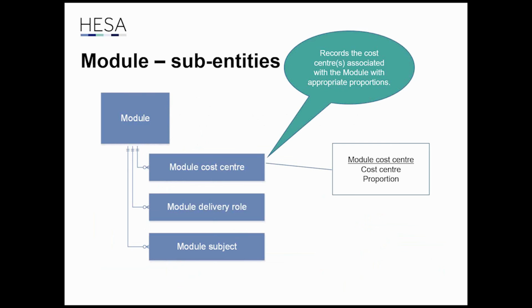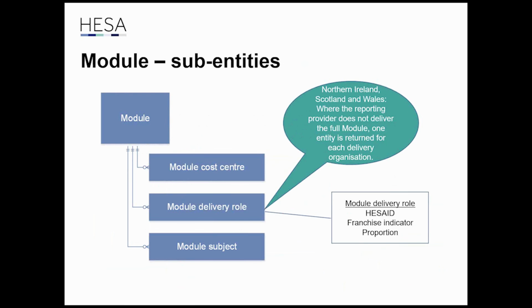We had a role at the course level saying which organizations had a role in the course. We've also got module delivery role at the module level, but here we're just interested in who are the delivery organizations. So we had delivery organizations for England on the course. This is where we have it for Northern Ireland, Scotland and Wales.